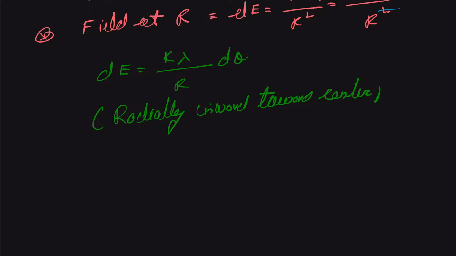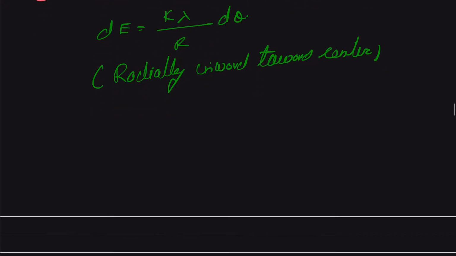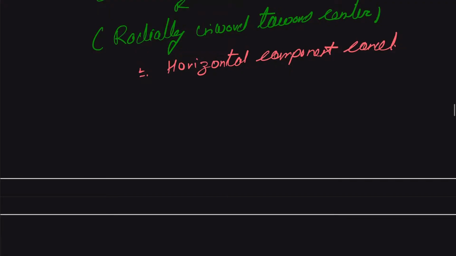If we resolve this into two components, the horizontal components are going to cancel each other, and only the vertical component survives.